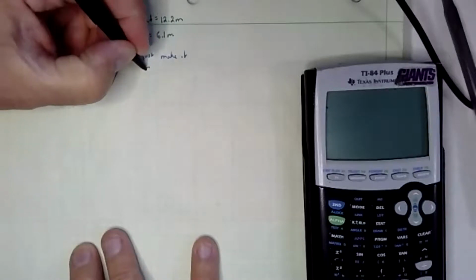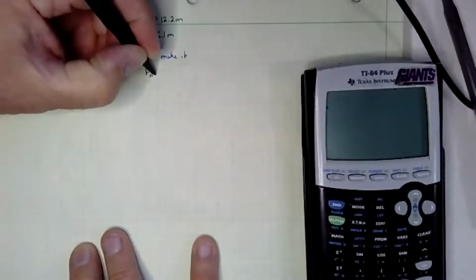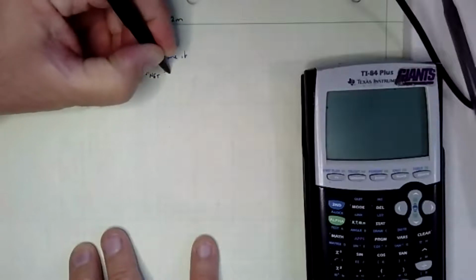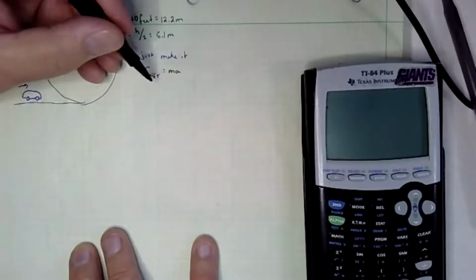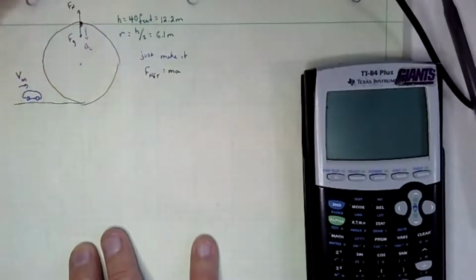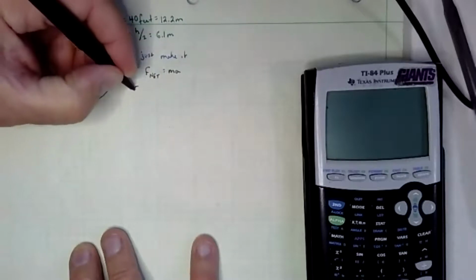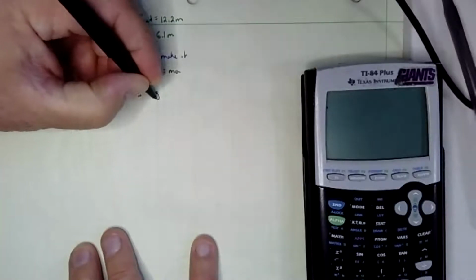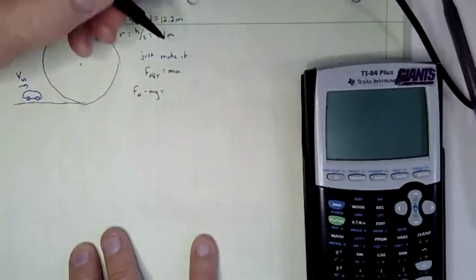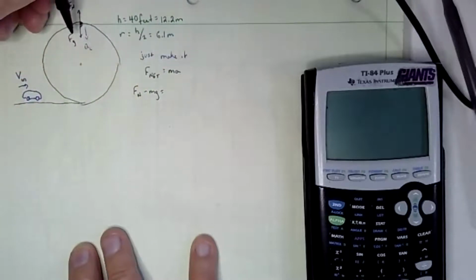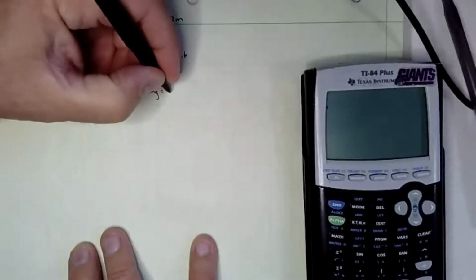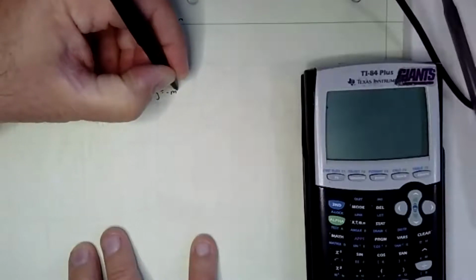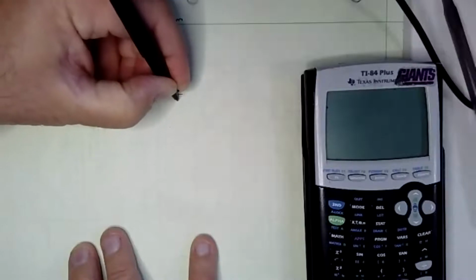So the condition to just make it says that when we take a look at all the forces that are acting on an object, on the left-hand side we include what the forces are. So that's the normal force pushing upward, and then gravity pulling down. And then the acceleration for moving in a circle is v squared over r, but the acceleration is downward, so negative m v squared over r.